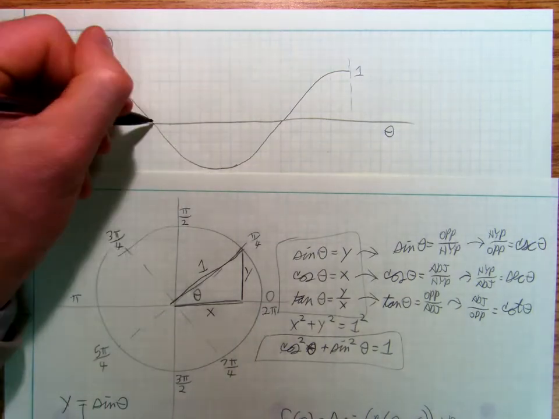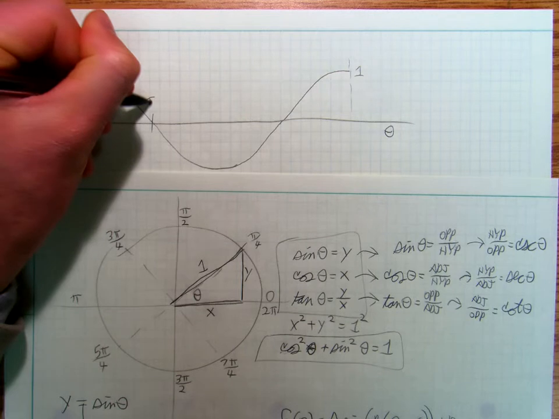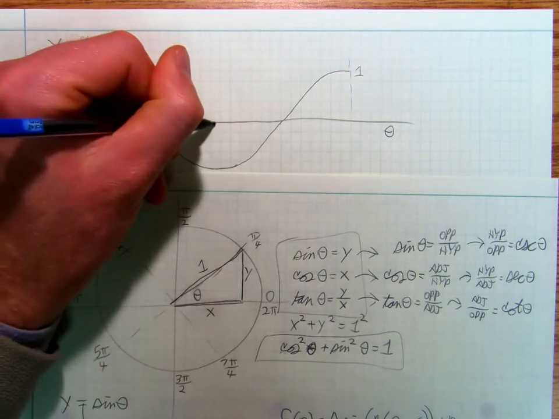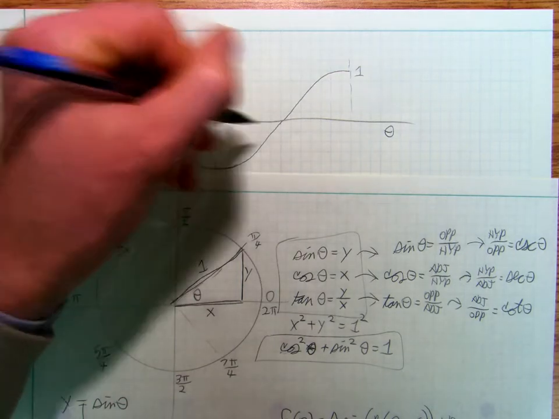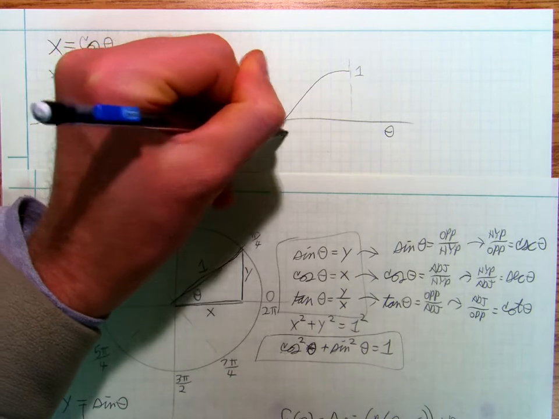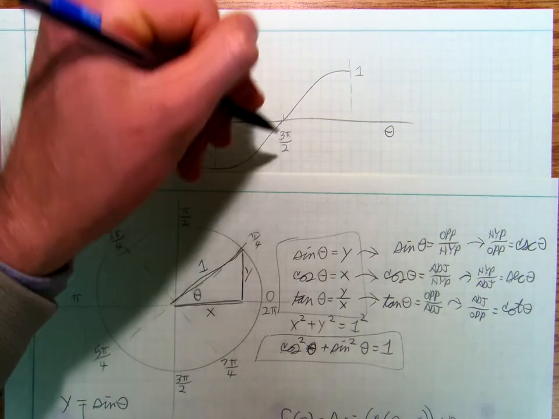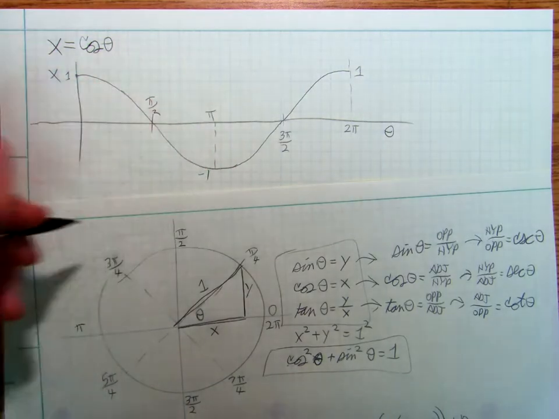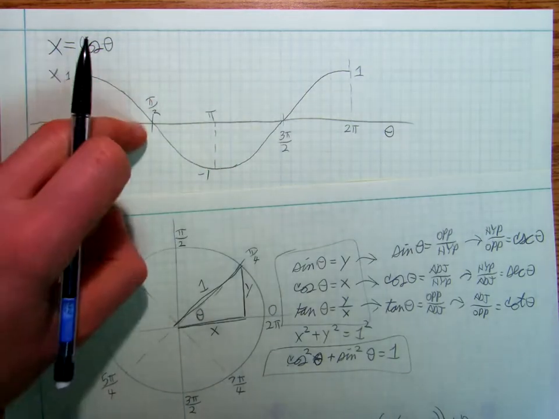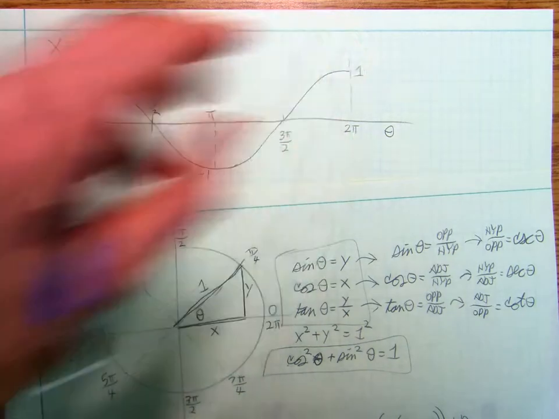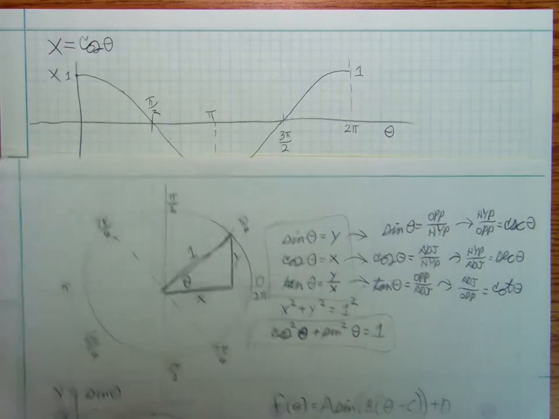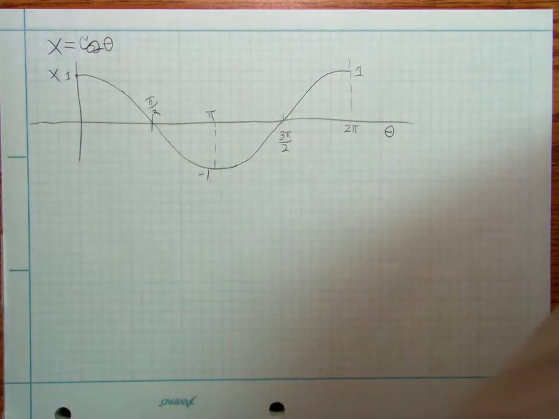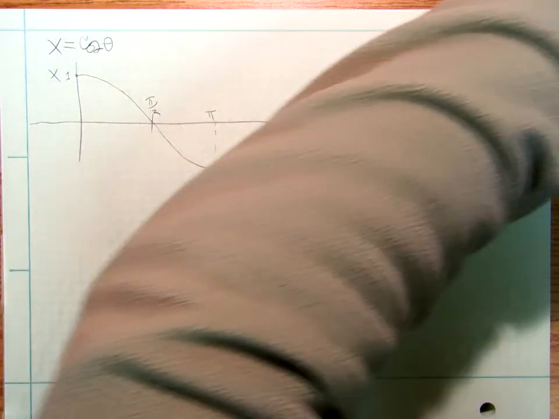And again, this is pi over 2. This is pi. This is 3 pi over 2. And this is 2 pi. And that's -1, 1, 0, -1, 0, +1. That's y equals cosine theta. All right.